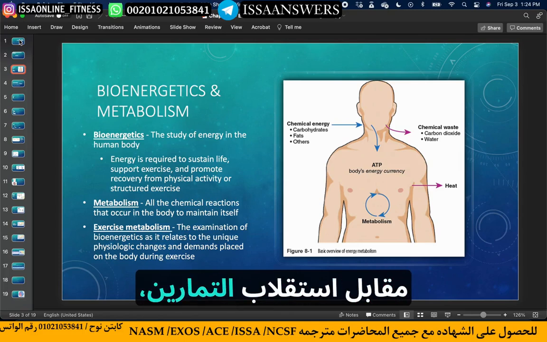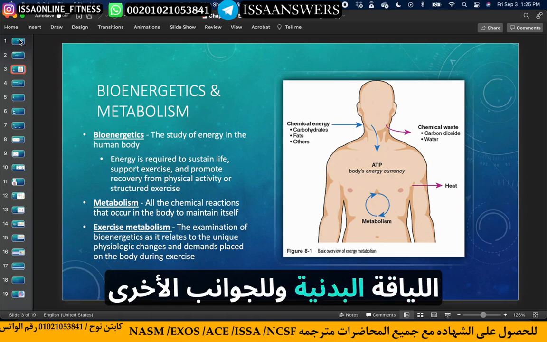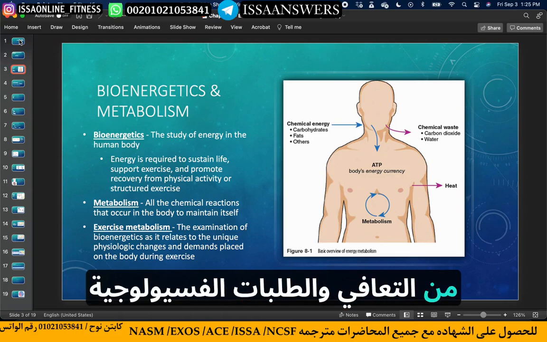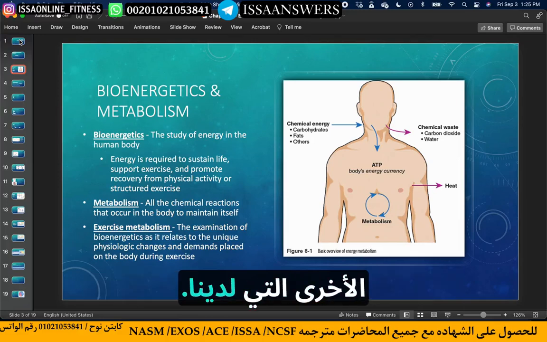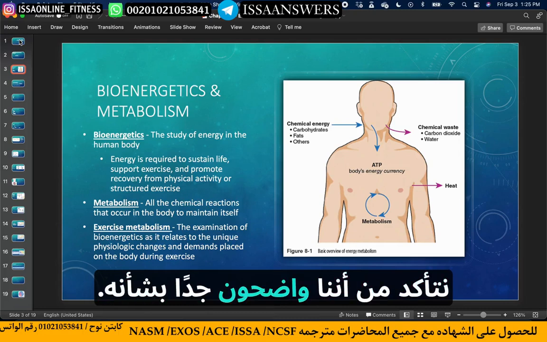Versus exercise metabolism, which is more important for the fitness piece and for the other aspects of recovery and other physiological demands that we have. So that is one thing that we want to make sure we're very clear on.